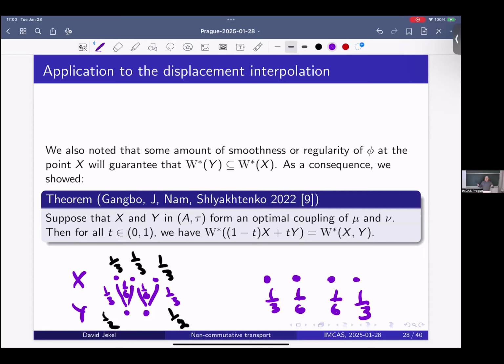If you take the linear combination of x and y that's strictly in between, then it will obtain different values on all 4 of the different points, and so it will generate the whole thing, right? So even if the optimal coupling isn't obtained by a transport function, it's still true that if you interpolate in between, then it does generate the entire sigma algebra.